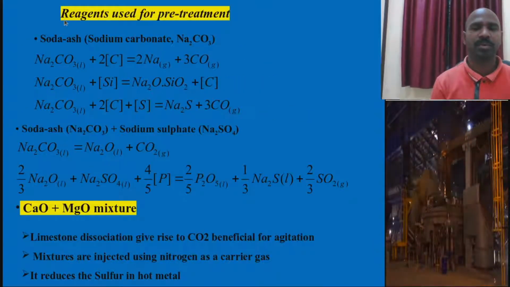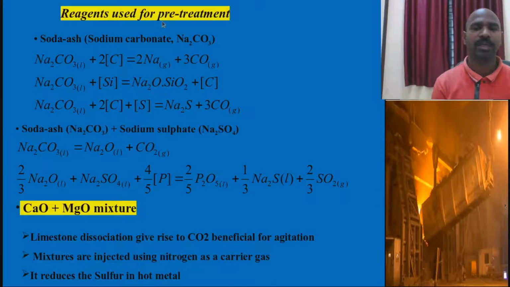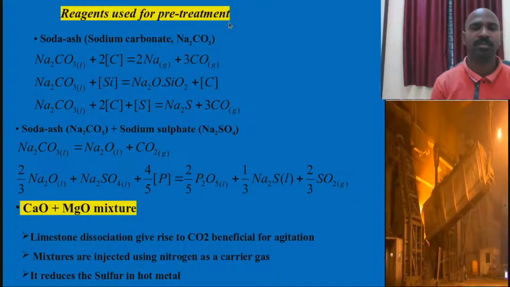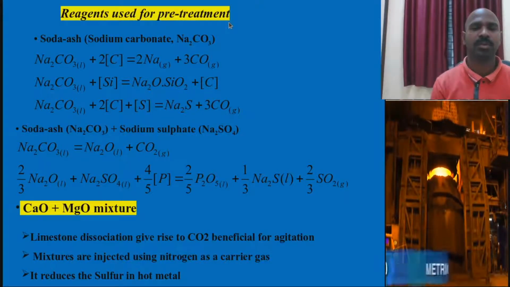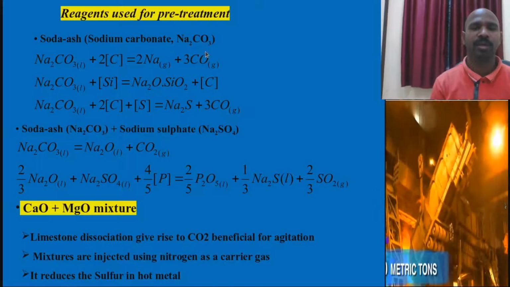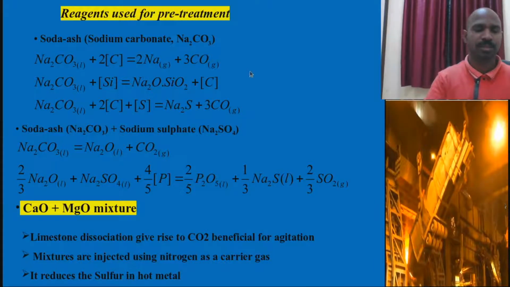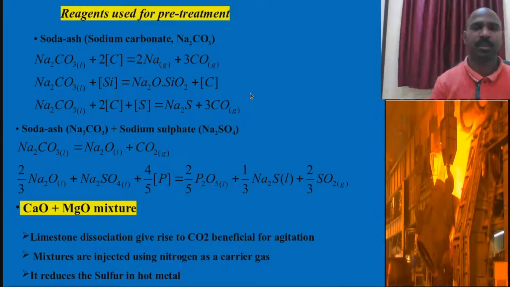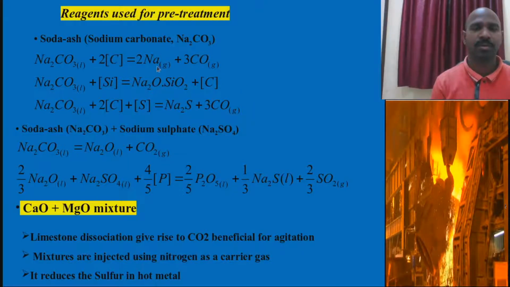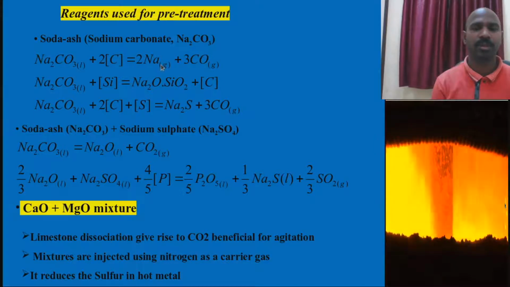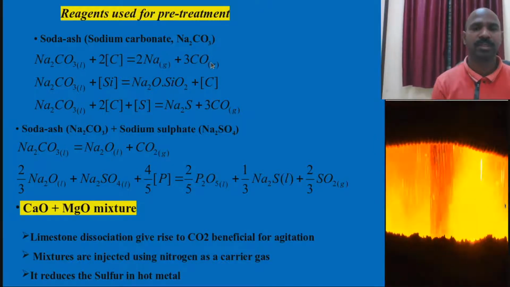The reagents used for the pretreatment process include soda ash, Na2CO3. This Na2CO3 reacts with carbon in molten pig iron, giving sodium as gas and CO as gas.